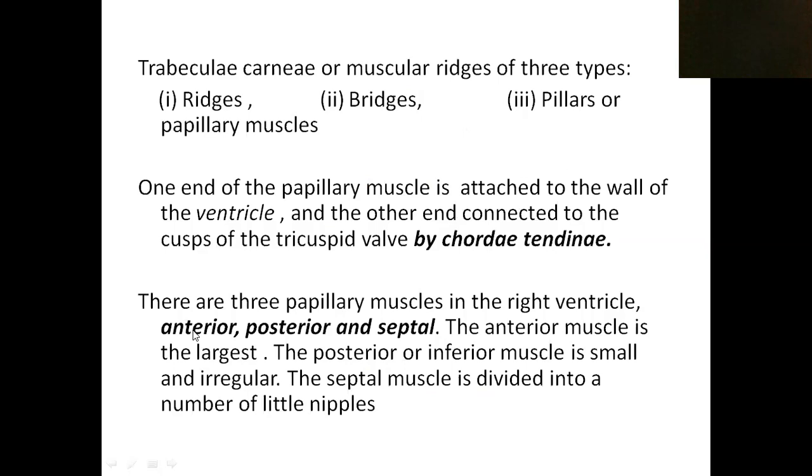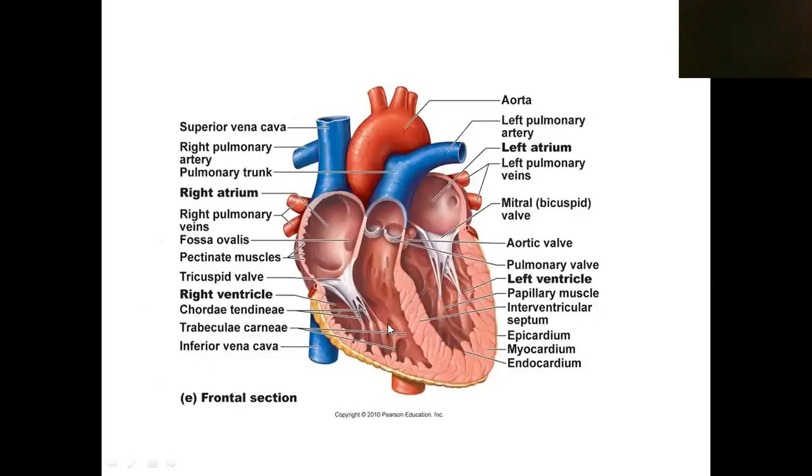Okay, see, we are having three papillary muscles. Tricuspid valve means it is having three cusps. So automatically three papillary muscles are there: anterior, posterior, and septal. The anterior pillar is the largest one, and the posterior or inferior is the smallest and irregular. Septal divides into numerous small nipples. See, the anterior one: there we can see a large, single pillar.